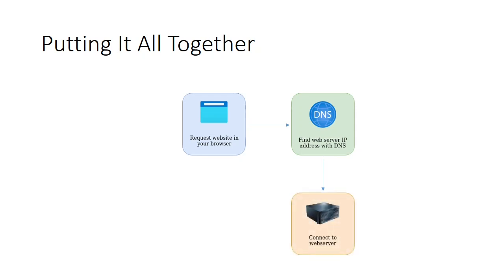So your computer then talks to the web server using the HTTP protocol that we saw before, and it will return HTML, JavaScript, CSS, images, text, whatever, which your browser then uses to correctly format and display the website to you.